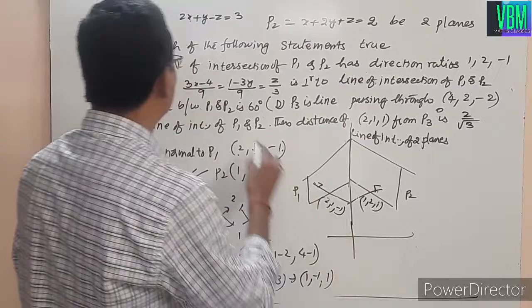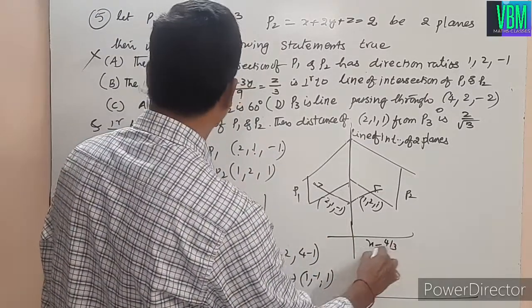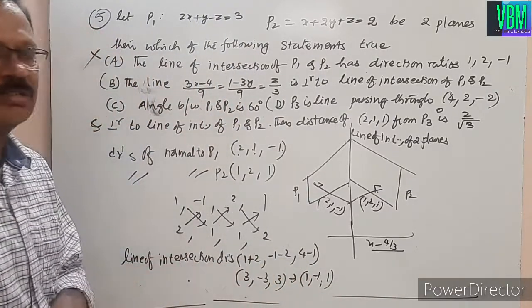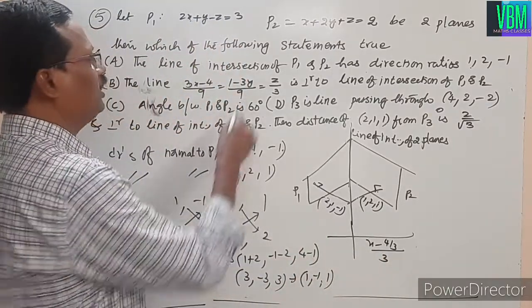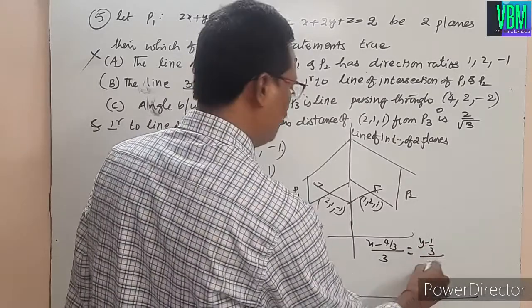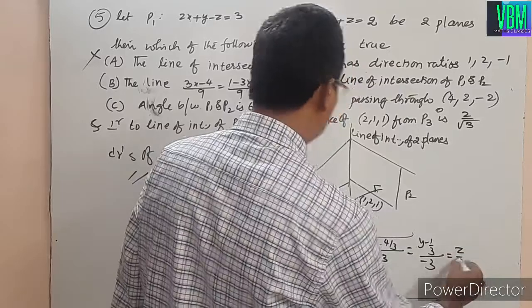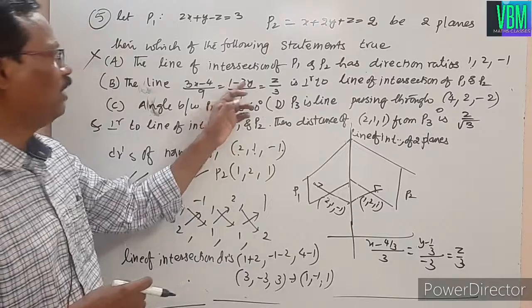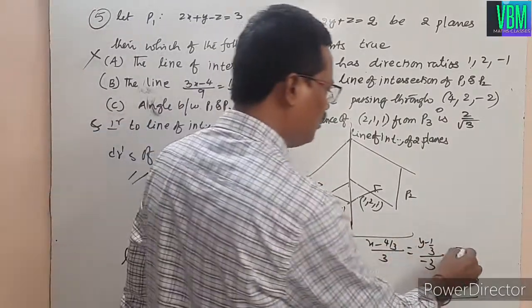Divide by 3: x minus 4 by 3, taking 3 common from numerator and denominator, and y minus 1 by 3 with minus 3 common, and z by 3. Is it correct? 3 common, 3 cancelled; minus 3 common, 3 cancelled, and this is z minus 0.